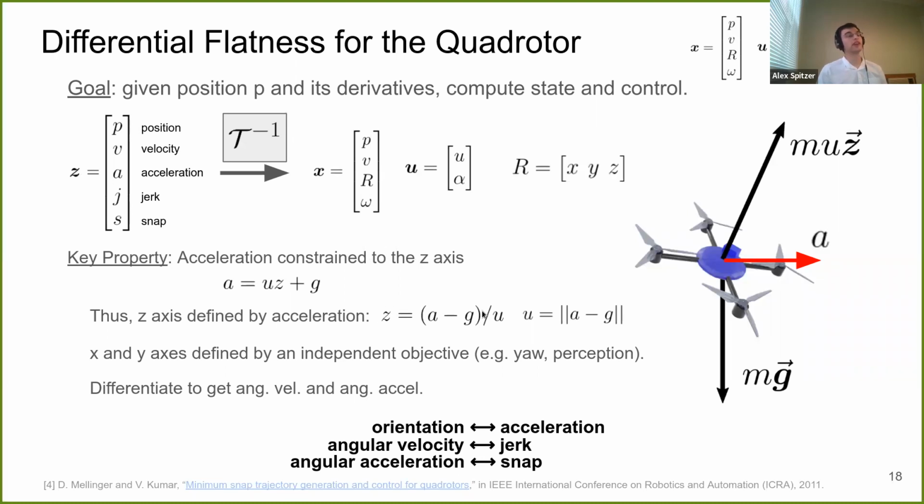You may think of it that way. And we get this interesting relationship where the orientation of the robot is constrained by the acceleration of the trajectory, the angular velocity is constrained by the jerk, and the angular acceleration is constrained by the snap. That's why you need the trajectory to be smooth. If the trajectory wasn't smooth, you wouldn't be able to get angular acceleration because you don't know what the snap is.